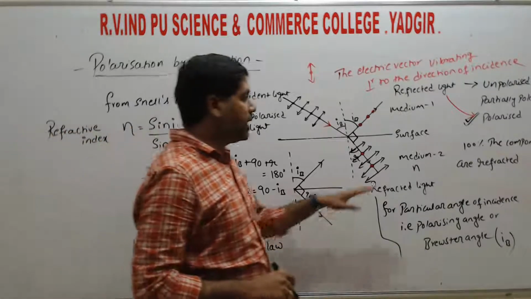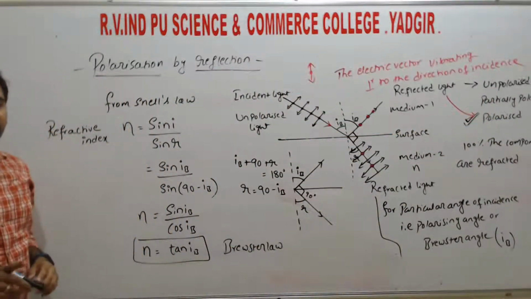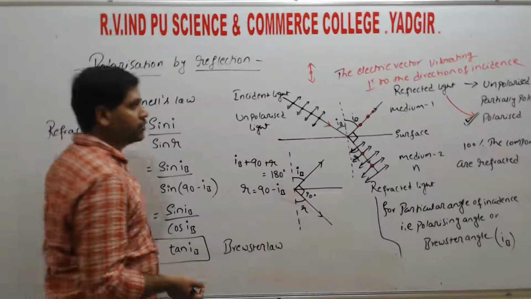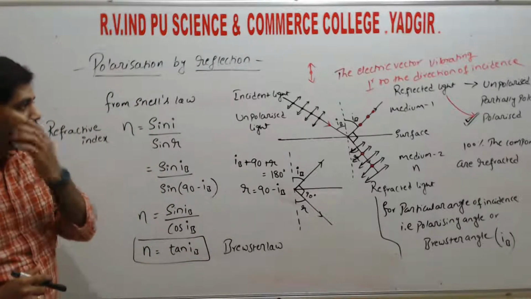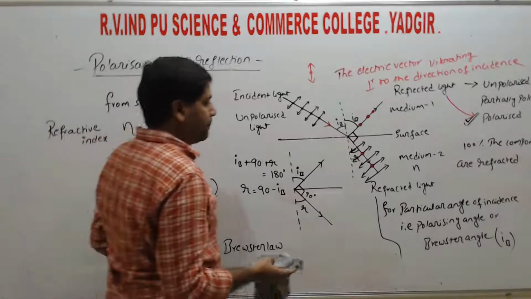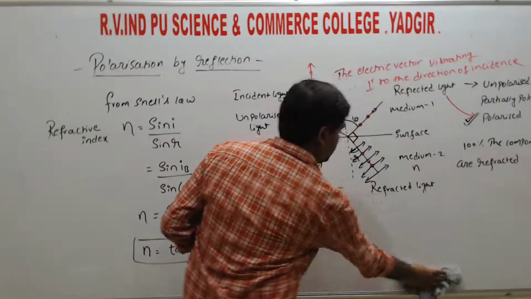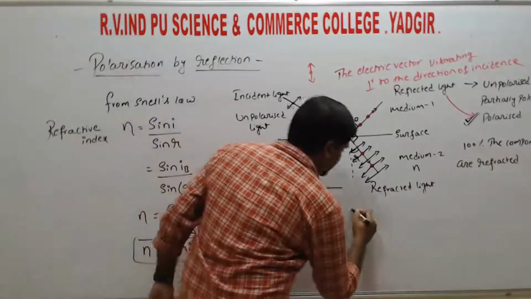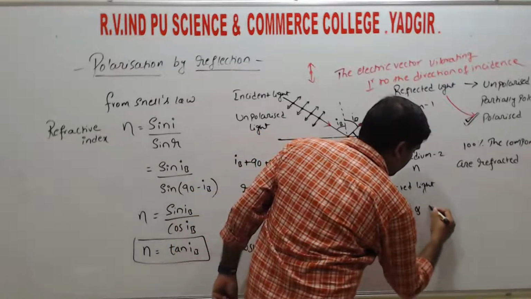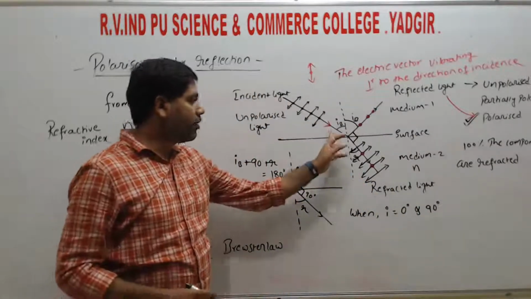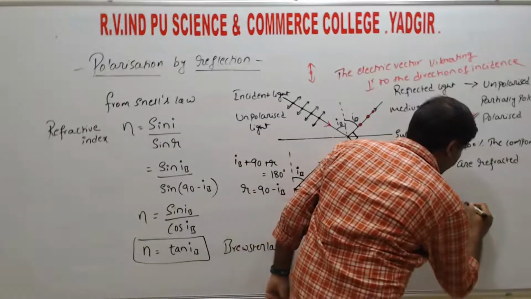So when do we get completely polarized and when do we get unpolarized light? When the angle of incidence I is equal to 0 degree and 90 degree, we get unpolarized light.